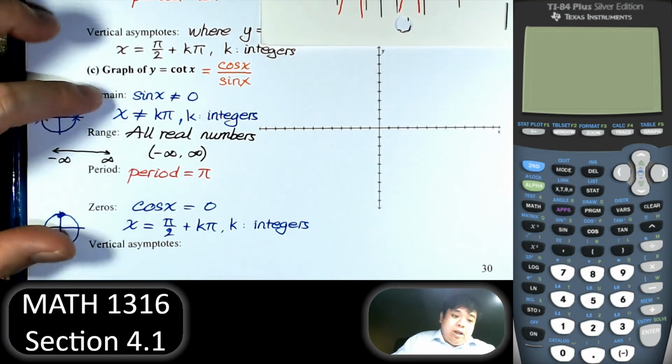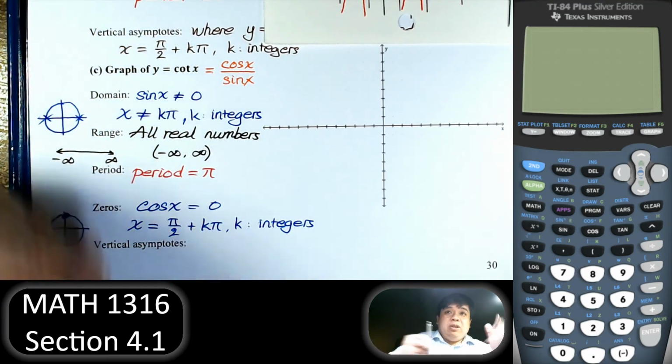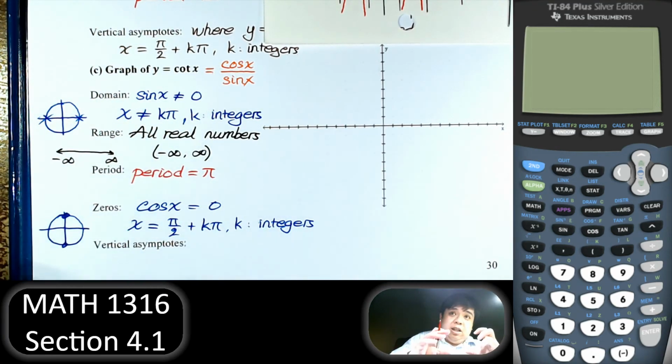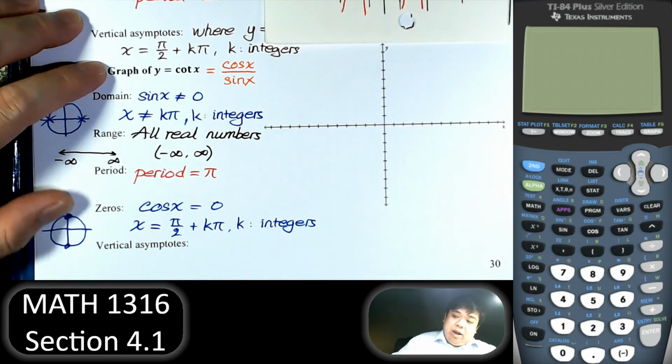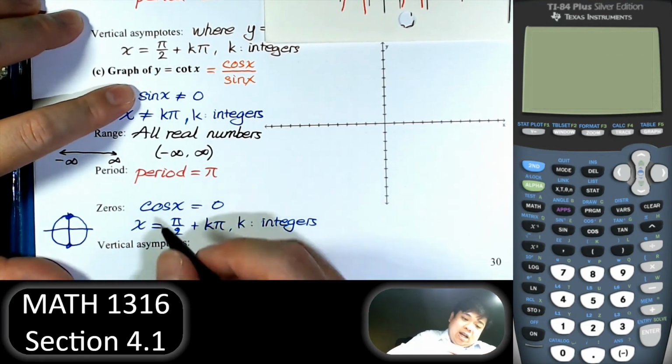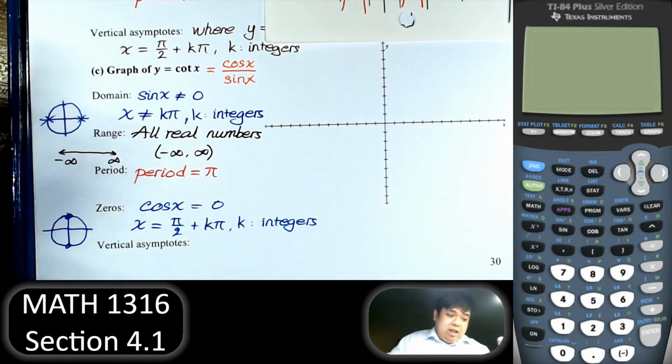And the asymptotes are the complement, different from what is in the domain, meaning the denominator is equal to 0.